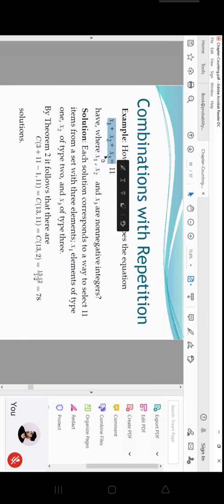Now, an important observation is how you can consider this as a combination problem. Is it an ordered one? That means x1, x2, x3 must be ordered, and you always have to follow that particular order? No. Any data you give, like 1, 2, 2, if you give the values of x1, x2, x3, those values can be jumbled up.